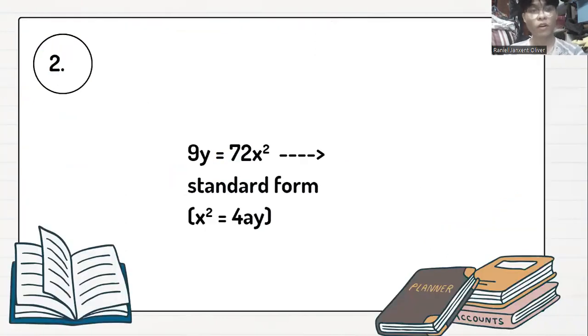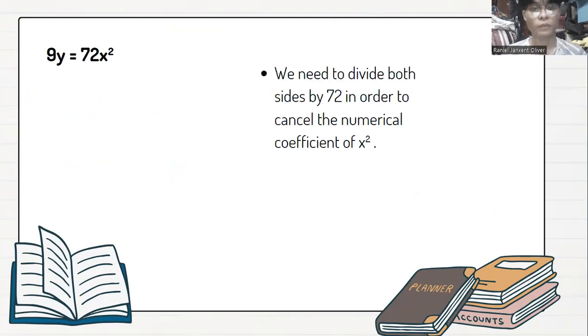Moving on to the second question: 9y equals 72x squared. Convert it into a standard form. First, we need to divide both sides by 72 in order to cancel the numerical coefficient of x squared. But first, we see that we don't need to transpose anything from the other side of the equation, since the y variable and the x variable are already separated in the given equation.